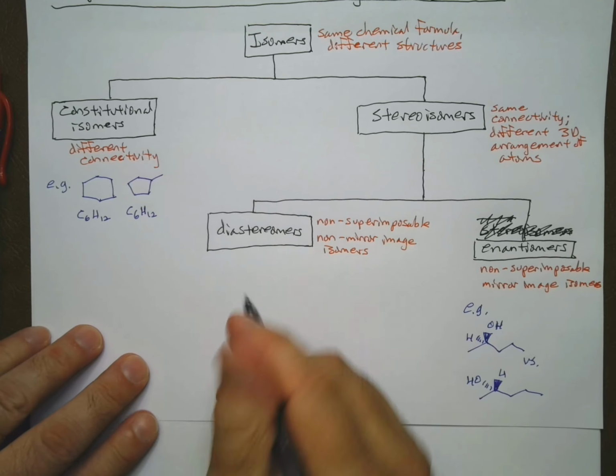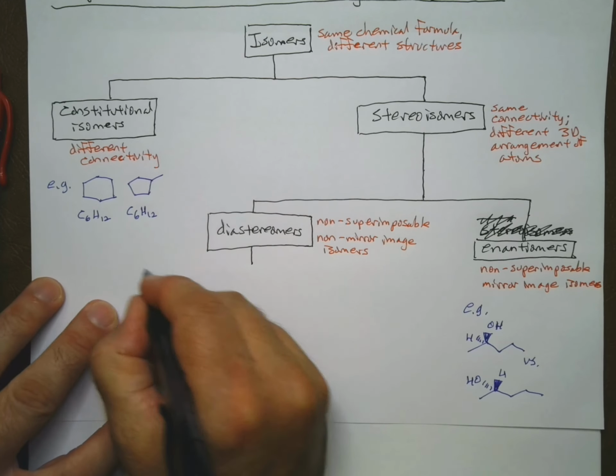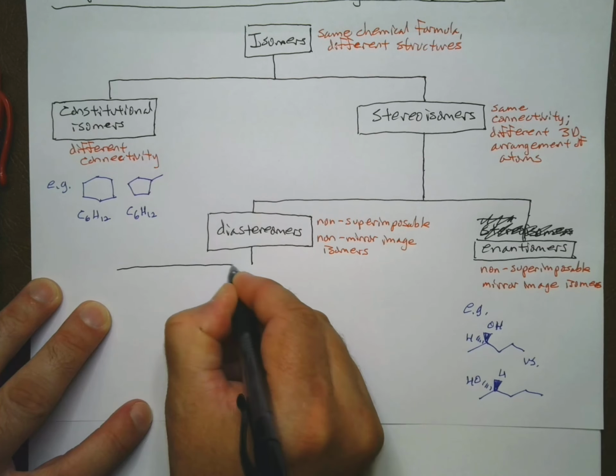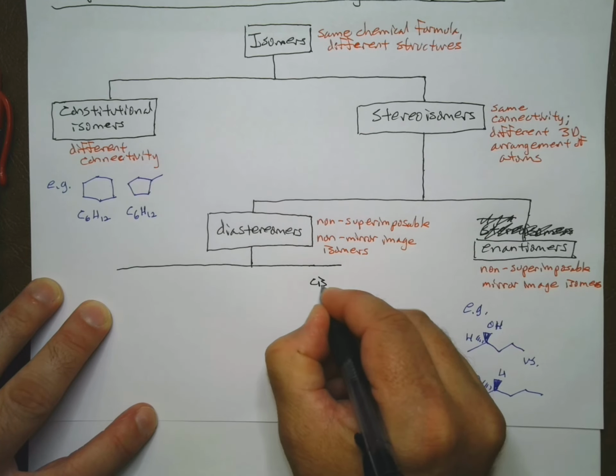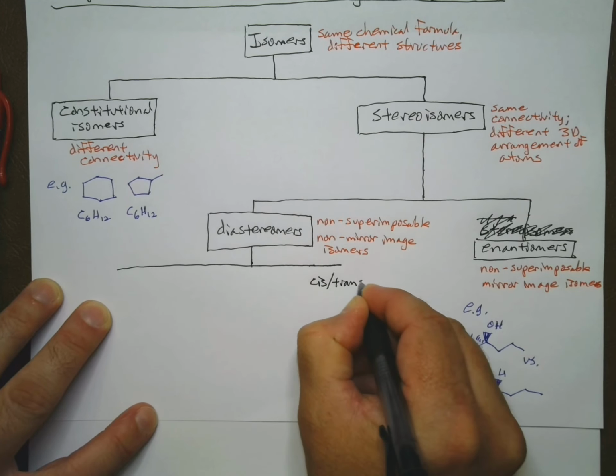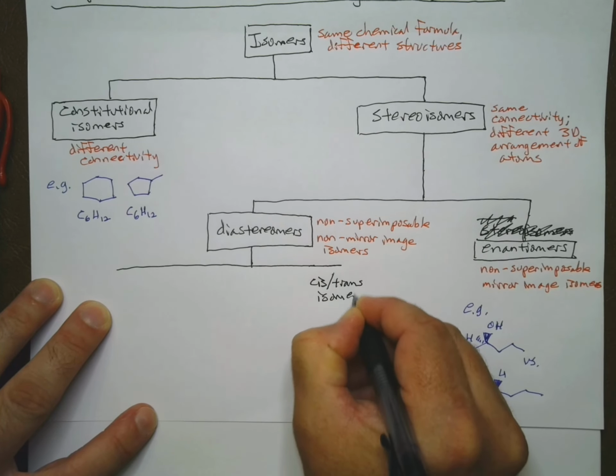So, now diastereomers, we can have cis and trans isomers.